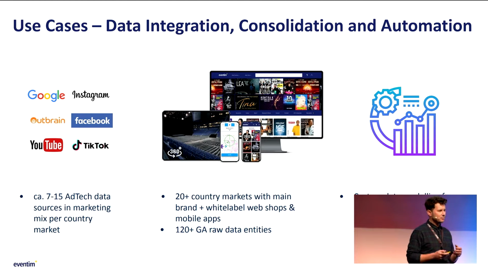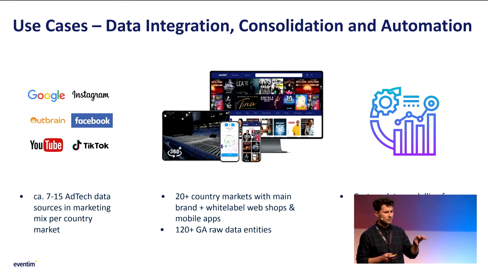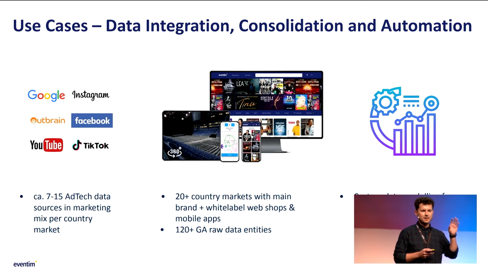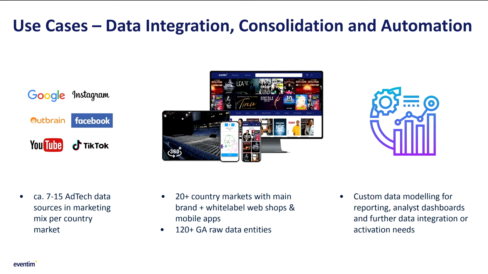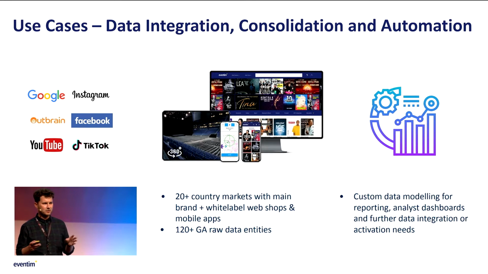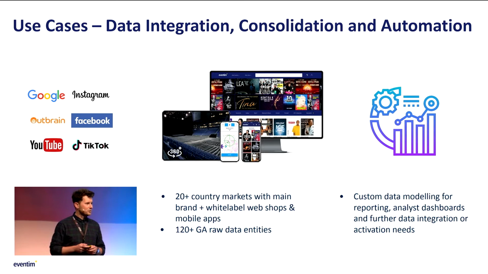They need a bigger data consolidation, so they cannot look in GA at different properties, or in several ad tech tools, or in the backend data. Some people in the past tended to export data via Excel and do their own magic, and then they see the data is not really correct. Why? Because they made some error in Excel. This is something we would like to avoid with our data modeling.